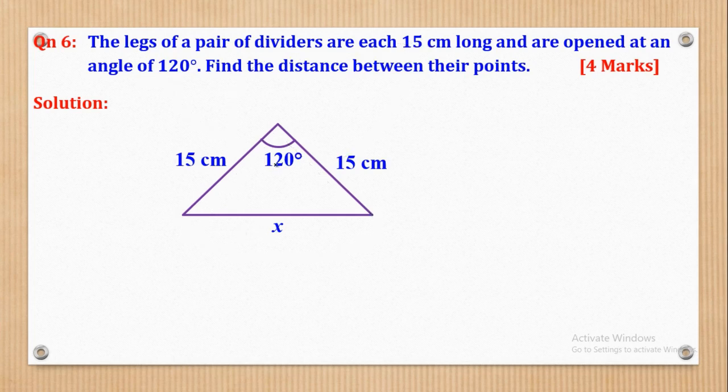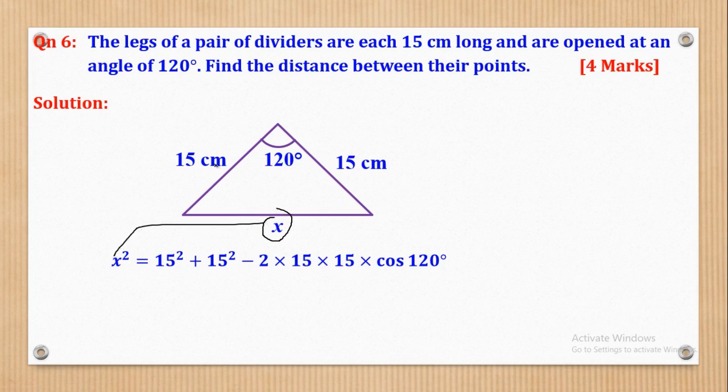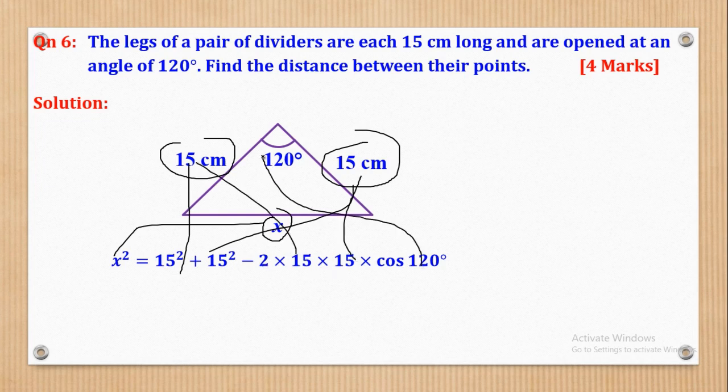Now here, since we have an angle and the sides enclosing that angle, it means that the easiest formula to use is the cosine rule. So cosine rule says this squared, which is x squared, is equal to this squared, which is 15 squared, plus this squared, which is 15 squared, minus 2 times this times that times cos 120 degrees.